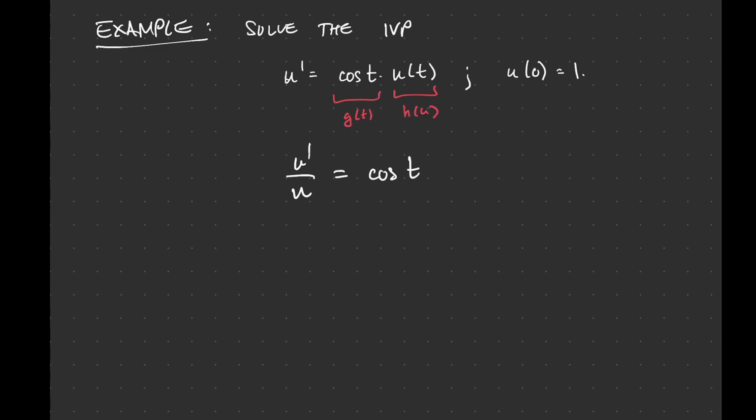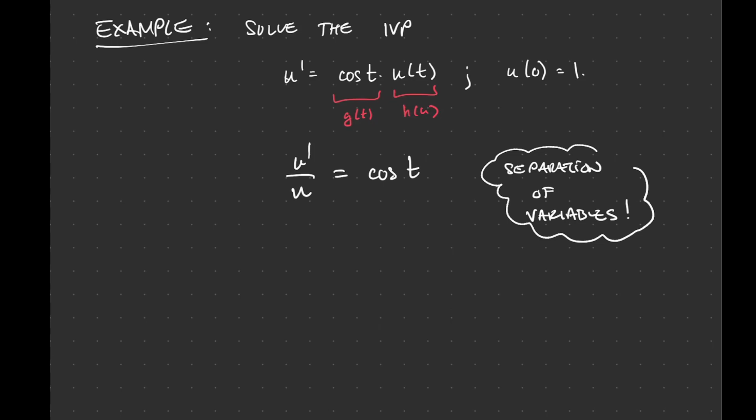So now I've got functions of u on the left, functions of t on the right. That's what we mean by separable. This is what we call separation of variables. And again, this is an ideal way to solve these. As long as you can set these up in this way, this is great. This is much less complicated than the other stuff we're going to learn this year.